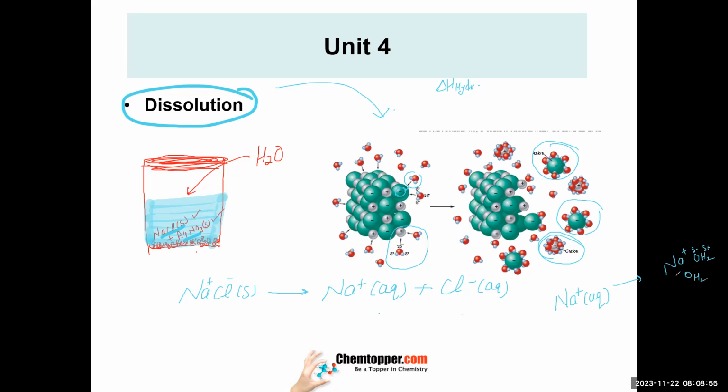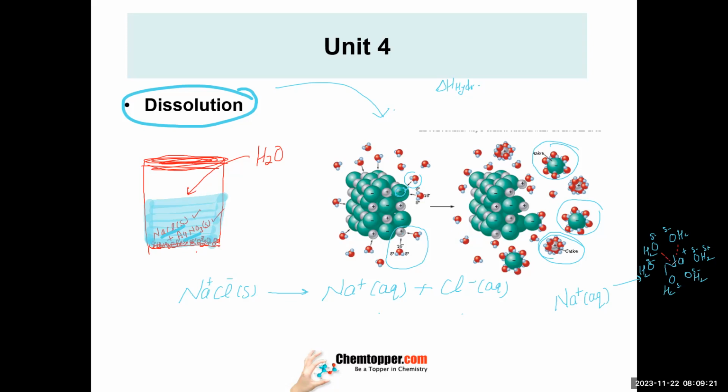Each Na plus is surrounded by 6 water molecules: 1, 2, 3, 4, 5, 6. Oxygen has partial negative on every water molecule, and water is polar in nature, so it's making a kind of attraction with the Na plus.